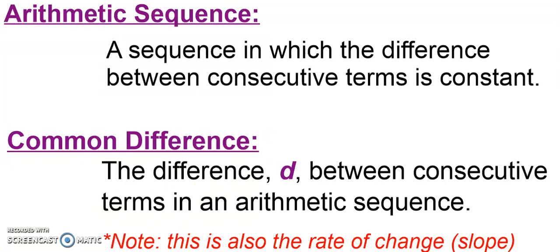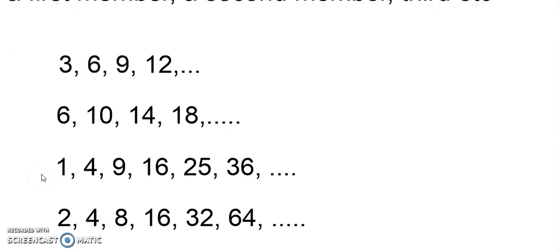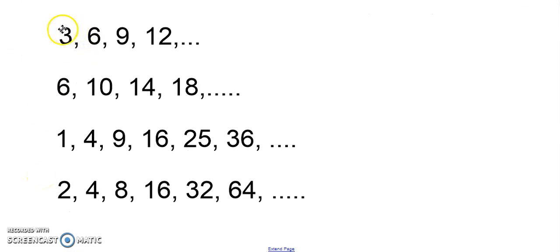So you may have noticed in our first slide that for some of the sequences, that was their pattern. So if we actually go back, and here they are, which one do you think we would have just adding something to the previous term?